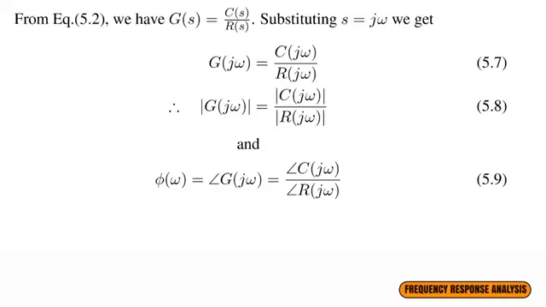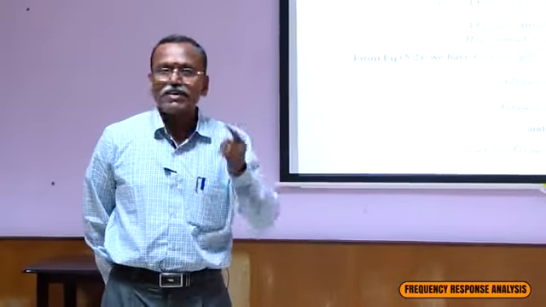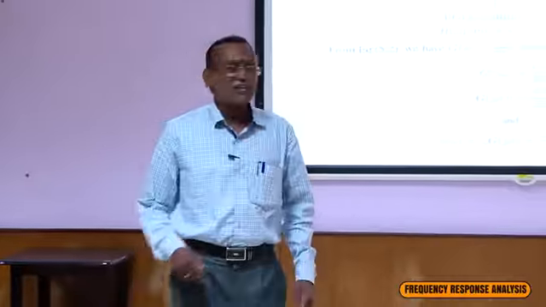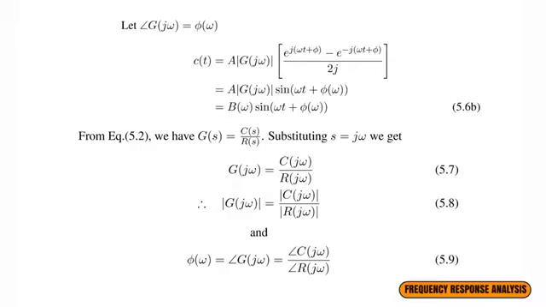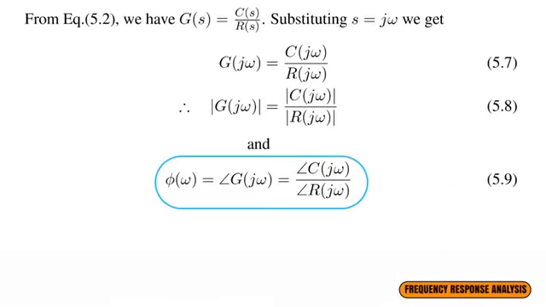How did we get this? Here, what is B of omega? A multiplied by the magnitude of G of j omega. A equal to 1; always we keep A equal to 1. So B of omega is nothing but modulus of G of j omega.